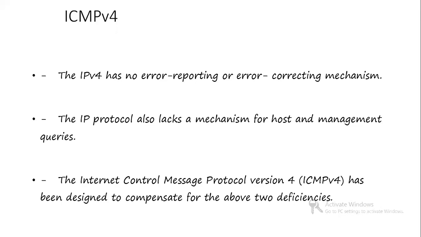However, its messages are not passed directly to the data link layer as would be expected. Instead, the messages are first encapsulated inside the IP datagram before going to the lower layer. When an IP datagram encapsulates an ICMP message, the value of the protocol field in the IP datagram is set to 1 to indicate that the IP payload is an ICMP message. This is about ICMPv4.